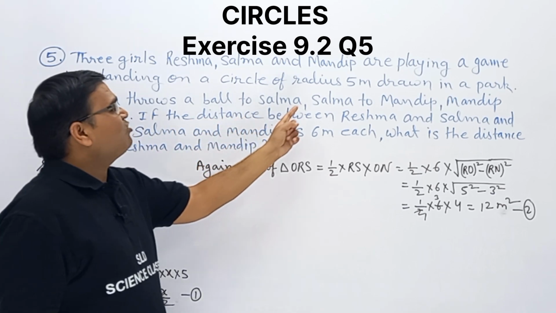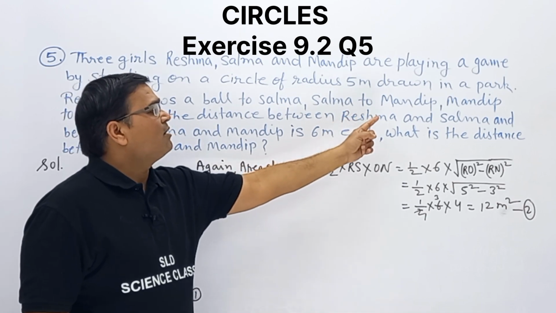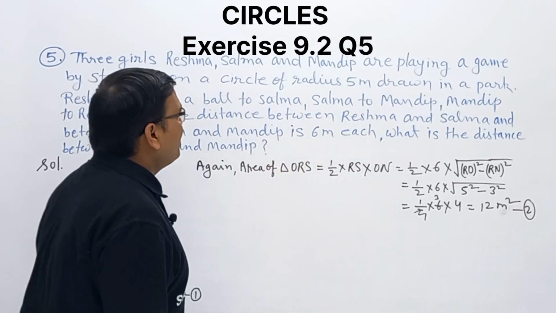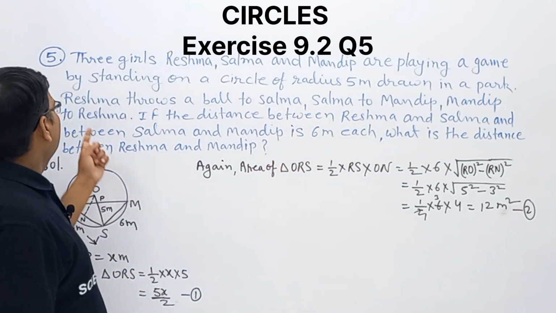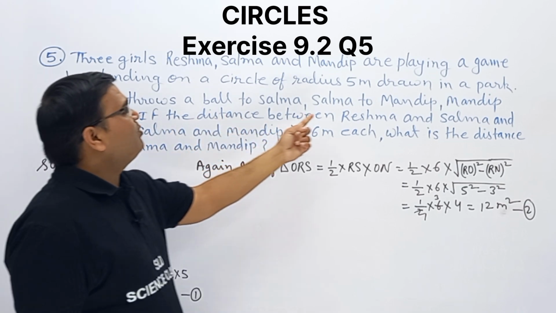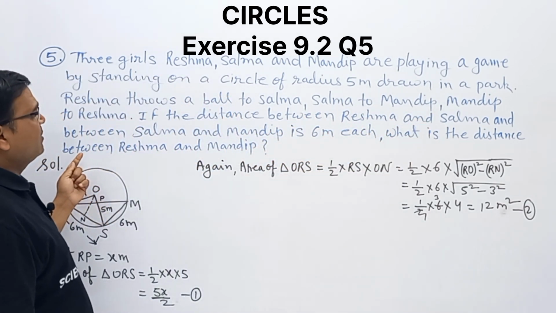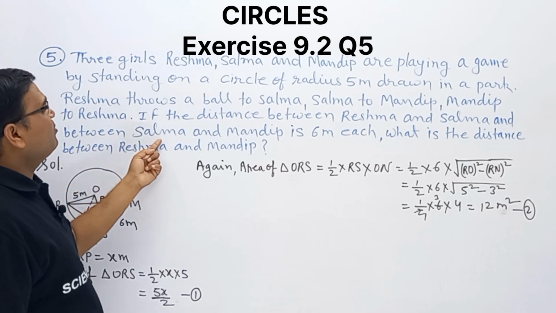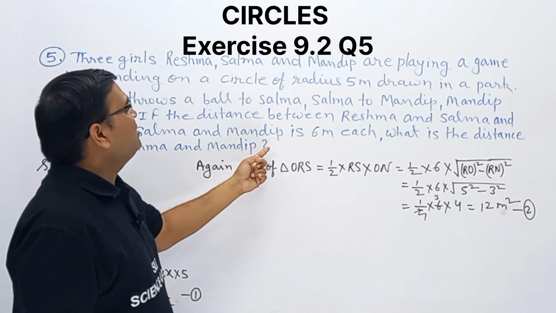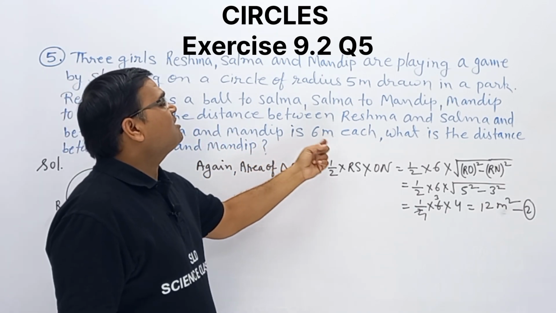If the distance between Reshma and Salma and between Salma and Mandeep is 6 meter each.